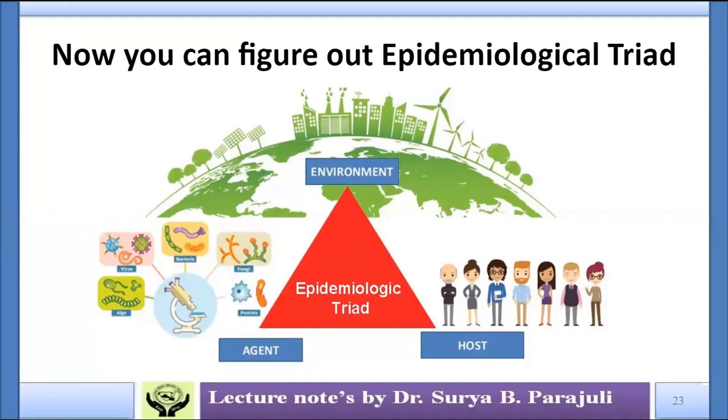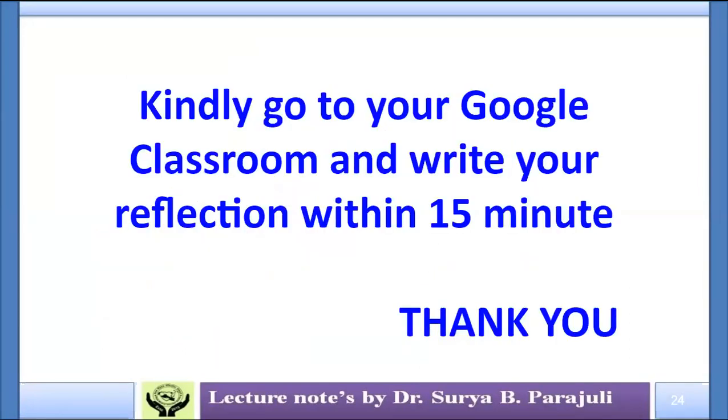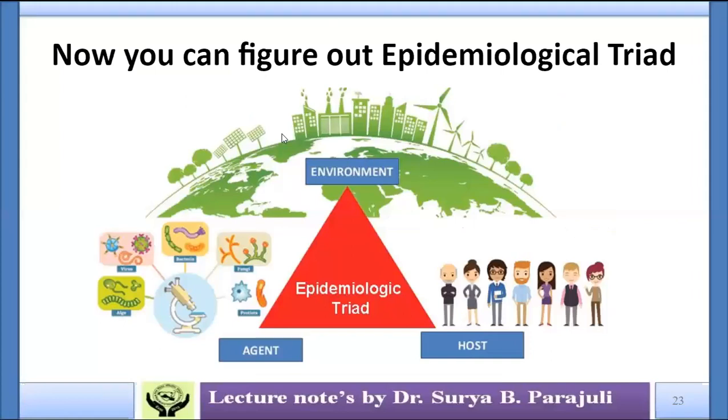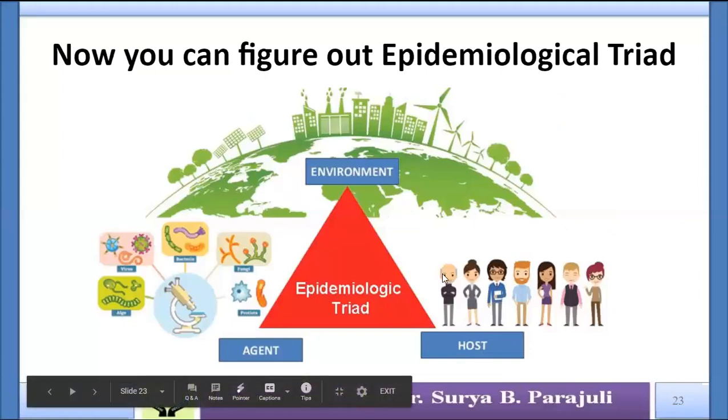So we all are trying to fix this disruption of equilibrium between environment or agent and host. When we are able to fix agent or environment, we will control or get rid of COVID-19, because the most favorable is environment. Host, we don't know about in the current context of COVID. Agent, we already know it's a coronavirus. Only one part is environment.